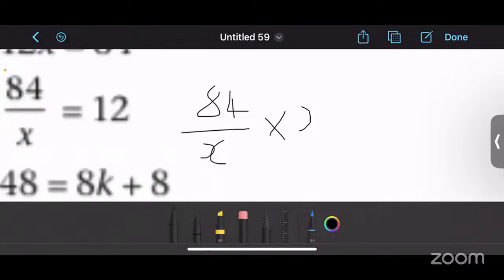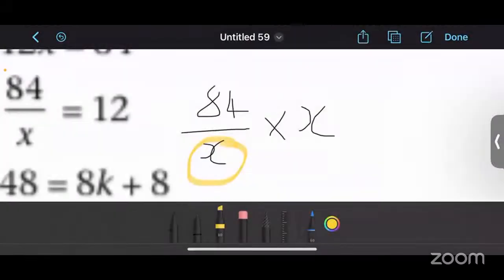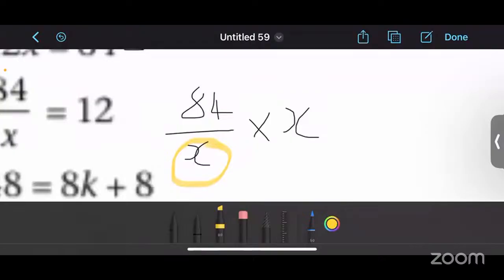I'm going to multiply this with the denominator because I am trying to get rid of the denominator, right? At the same time, remember you cannot have 1 over x is equal to whatever as your final answer, because we want to get the value of x, not 1 over x.